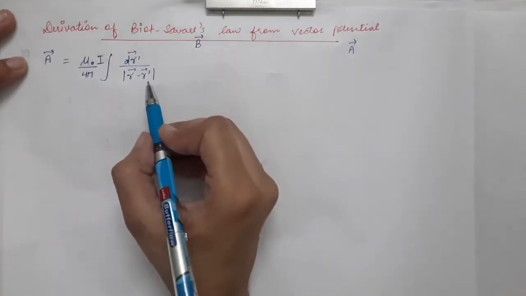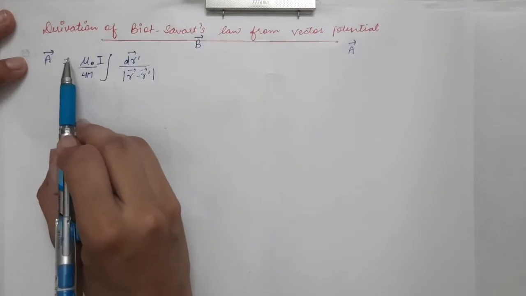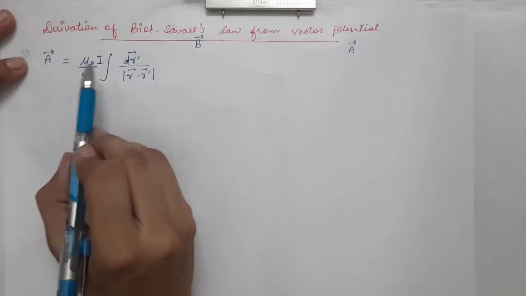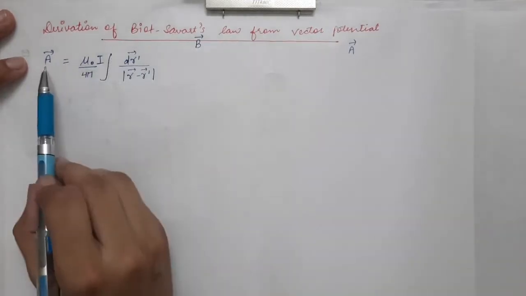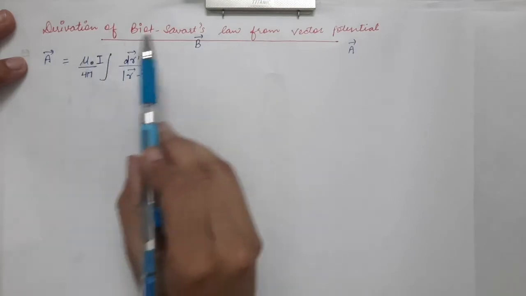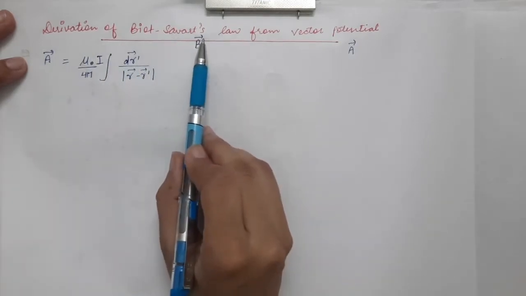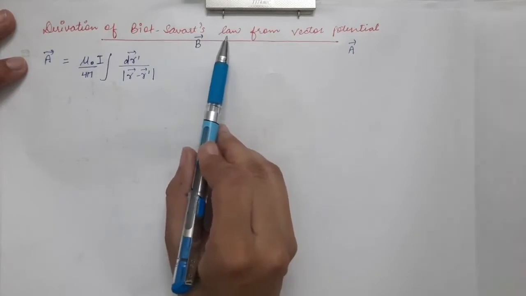So this is the expression of the magnetic vector potential for a line current distribution. Now, if you have this expression, how can you obtain the expression of the B vector, that is, the Biot-Savart law?